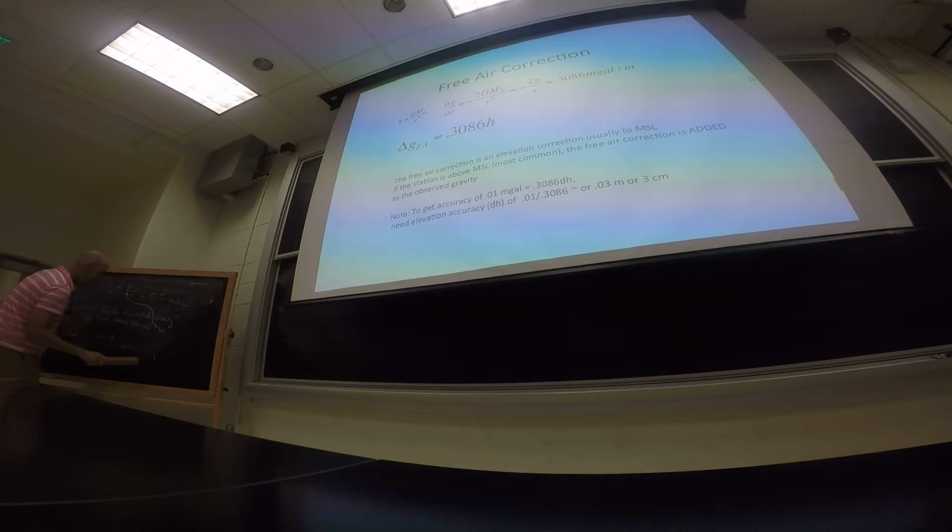throw all that out, but we keep our measurement point there. All this is gone, and this distance is still h. And then we assume that there's a uniform slab of height h above us. What a crappy approximation. Okay, but that's what we do.